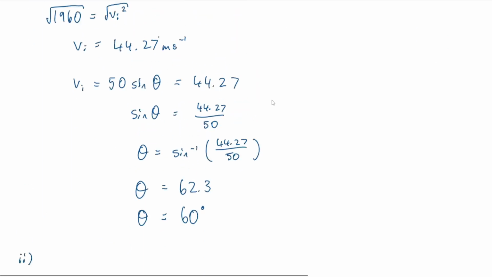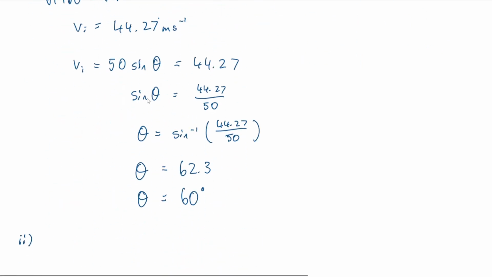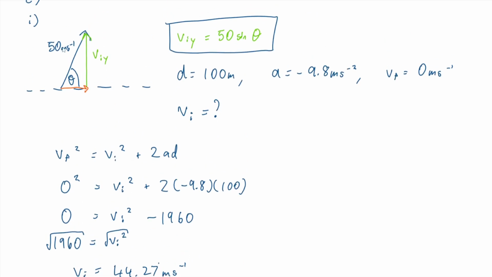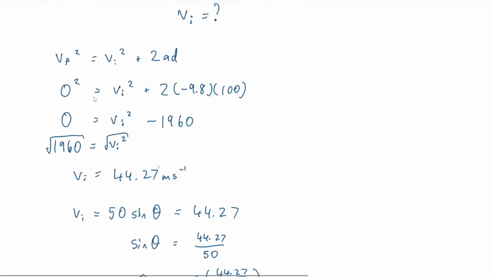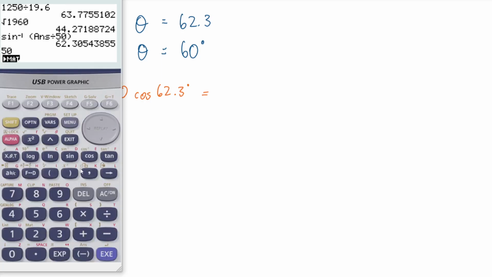So the horizontal velocity, well, let's go back up to our diagram here. We know that the angle is actually 62.3 degrees, so we can do 50 cosine of that angle to get the horizontal component. So VI in the x direction is the resultant, 50, like the hypotenuse, times cos of the angle, which is what we worked out in the last question. 50 cos.